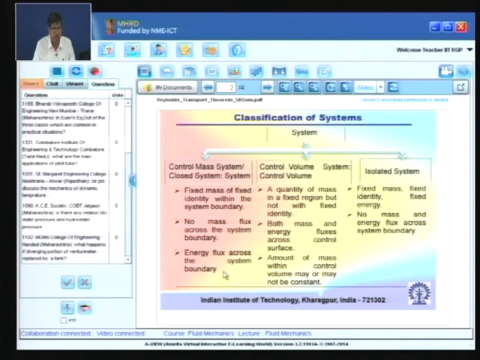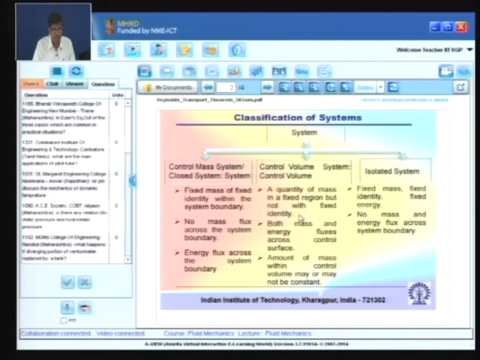That means the system interacts with its surroundings by energy flux across the system boundary in terms of heat and work, as we know in thermodynamics. Whereas a control volume is defined as a quantity of mass in a fixed region in space where we keep our attention for studies, but not with fixed identity.